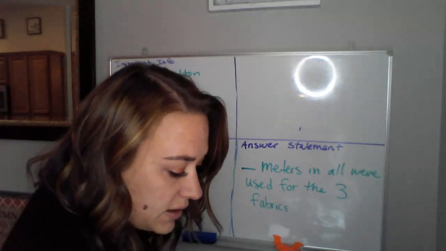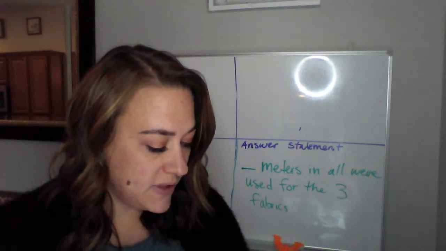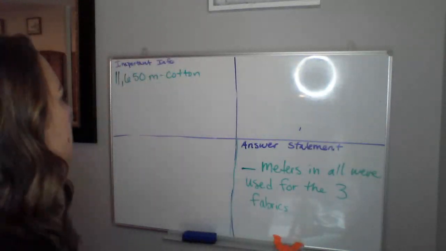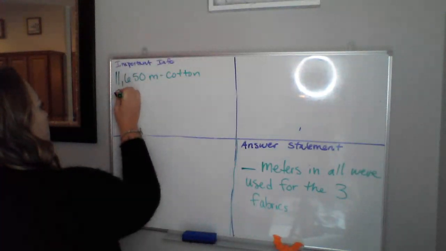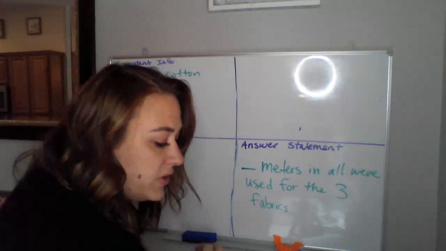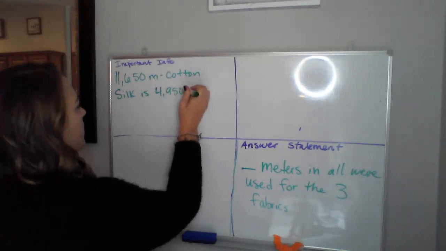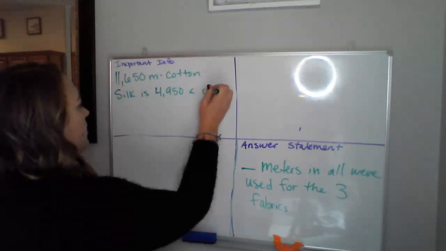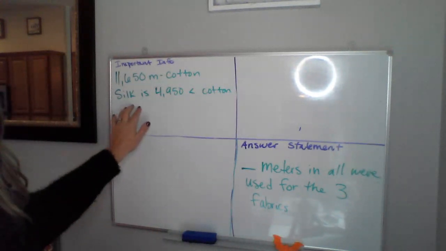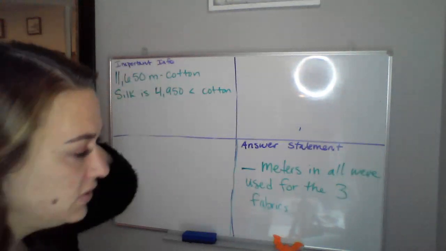Okay. The next piece is 4,950 fewer meters of silk than cotton. So I'm going to say silk is 4,950 less than cotton. So I don't know the total amount of silk, but I do know that it's 4,950 less than cotton meters.